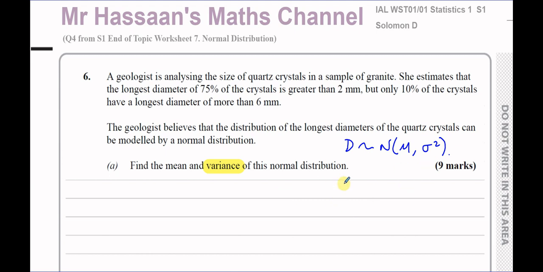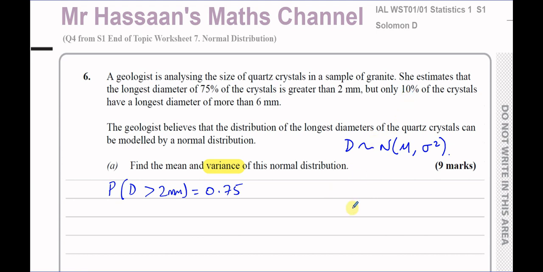Now it says she estimates that the longest diameter of 75% of the crystals is greater than 2 millimeters. So you can say the probability that the diameter is greater than 2 millimeters is equal to 75%, or 0.75 as a decimal.